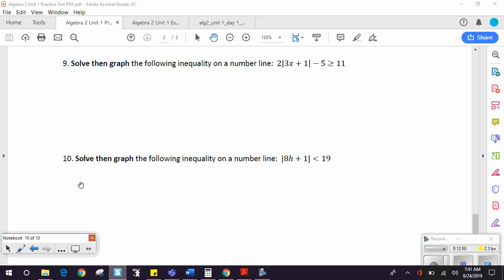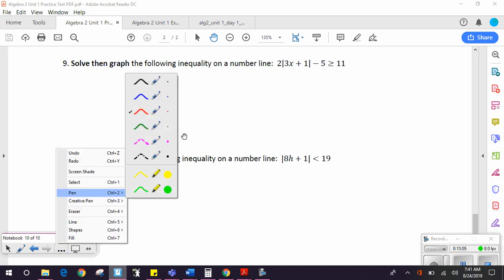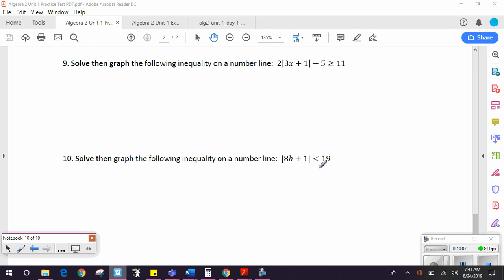And last but not least, number 10, we have another absolute value inequality. First and foremost, is the box by itself? Yes, it is. So we can get started. This happens to be a less than situation.